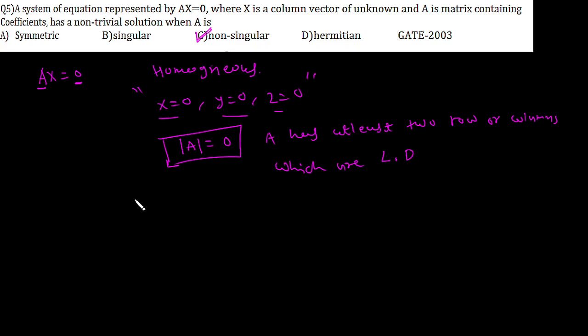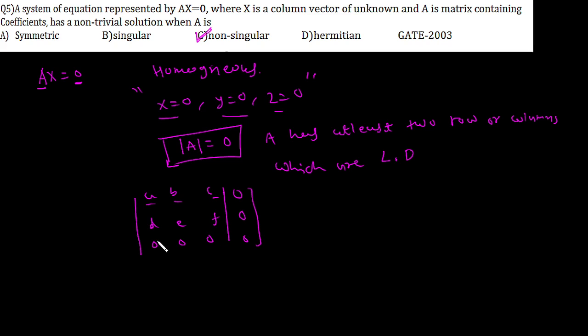You can also look at it this way. If the determinant of any matrix is 0, then we can say that two rows are linearly dependent. Then we can make at least one row 0 by some row operation, and on the right hand side we already have 0.